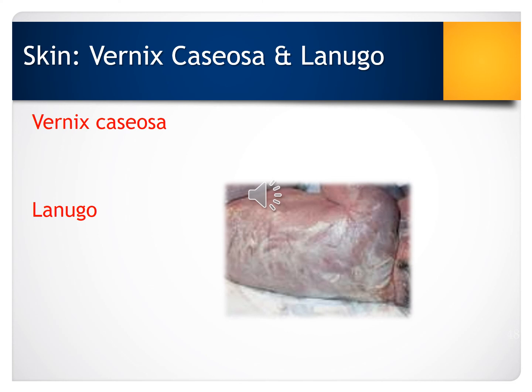The more cheese, or the more vernix we see on the skin, the less likely this baby is term. Term infants may have little to no vernix. Babies who are past 42 weeks will have no vernix. Those who are less than 37 weeks will have more vernix.